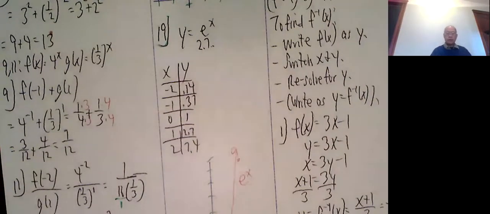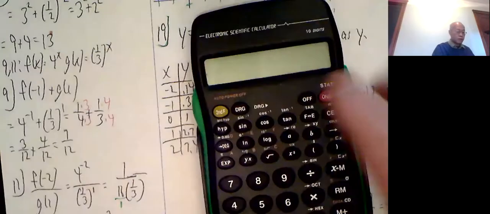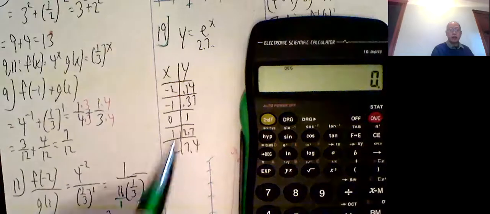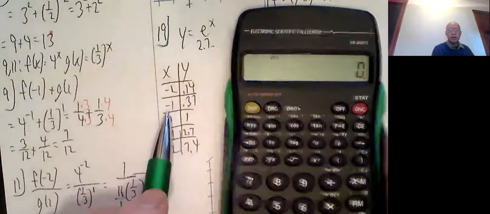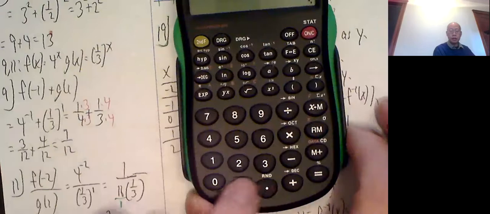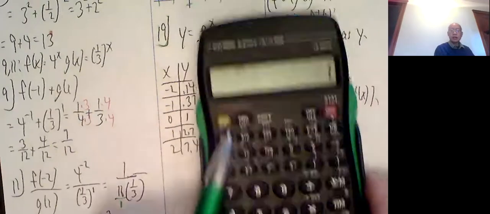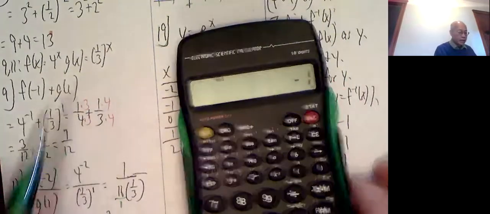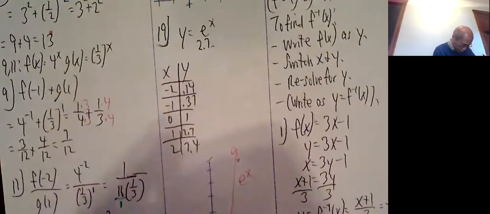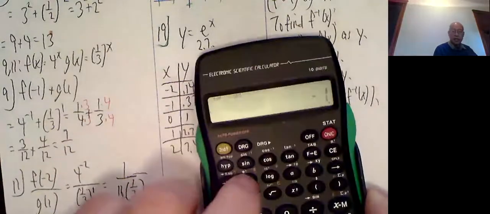Now some calculators you have to hit it backwards. A regular scientific calculator, maybe like this, you would have to hit it backwards. So let's say if I wanted e to the -1, you'd have to hit -1 first, which in this calculator you hit 1 and then plus or minus. That's how you pop it in with the -1. And then the e to the x function, which is second function e to the x.